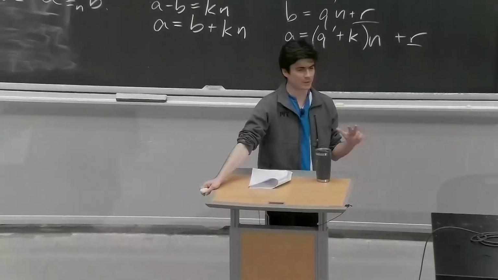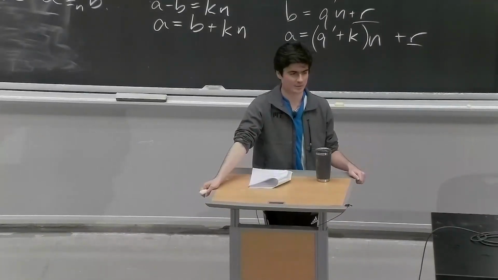So 2 and 3 are modular inverses of each other, modulo 5.